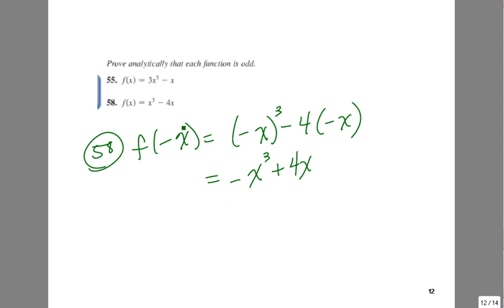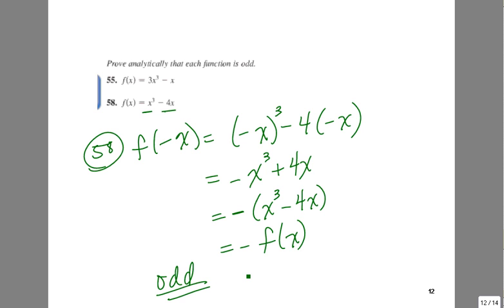Well, notice how every sign from my original function is changed. In other words, if I factor out a negative 1, I get negative times x cubed minus 4x, which is the opposite of my original function f. So since f of negative x is the opposite of f of x, this proves that this function is odd.